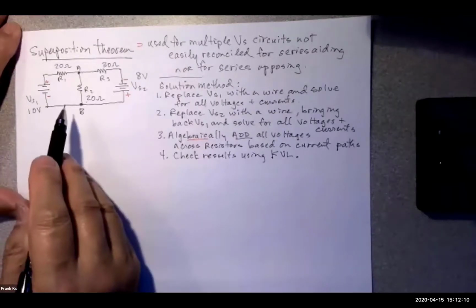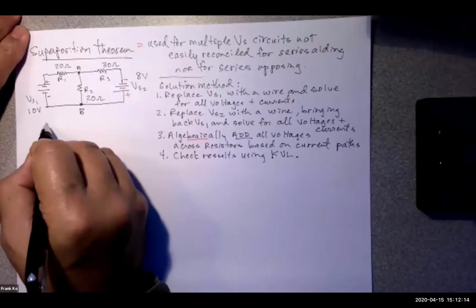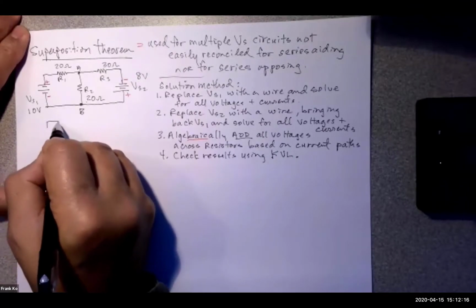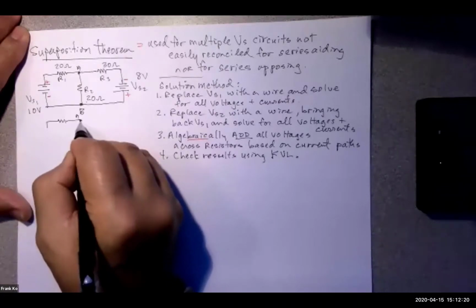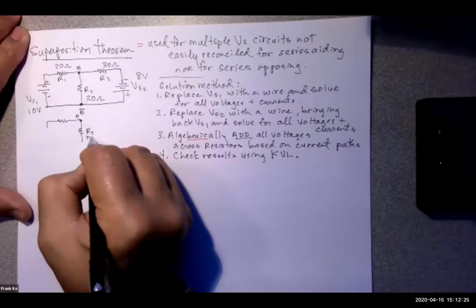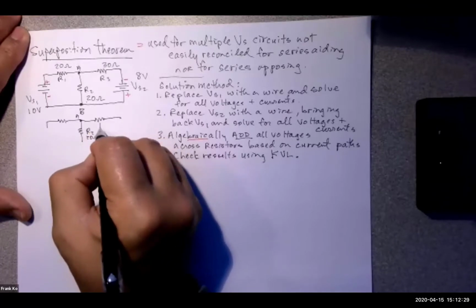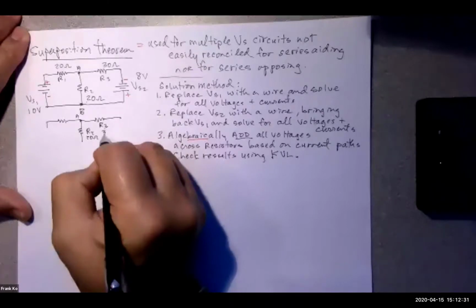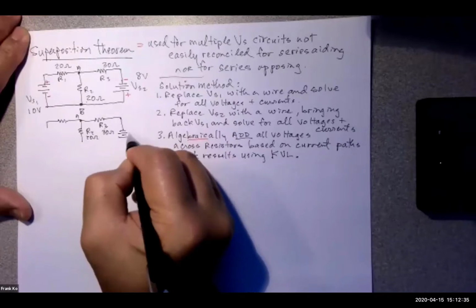Taking the circuit, I'm going to do a redraw. And in this redraw, I'm going to replace voltage source number 1 with a wire. So my point A is here. I will have a resistor here. This is R2, 20 ohms. This is my R3, 30 ohms. And I will have a voltage source over here.